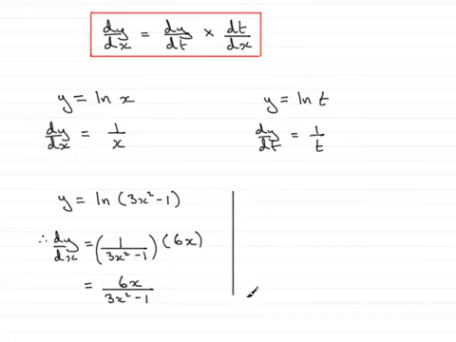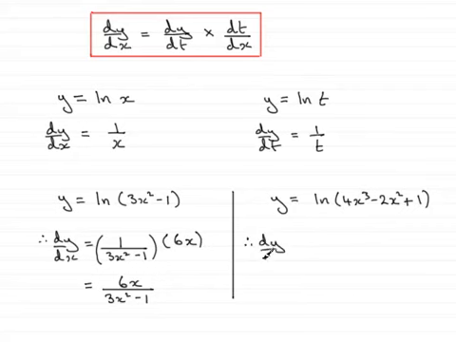Let's try another one. Okay, let's try y equals, and we'll have the natural log of, say, 4x cubed minus 2x squared plus 1. You'll notice that this is not a single letter like we had up here, x or t. So to get around this differentiation, we call upon the chain rule, and that is dy by dx equals dy by dt times dt dx.